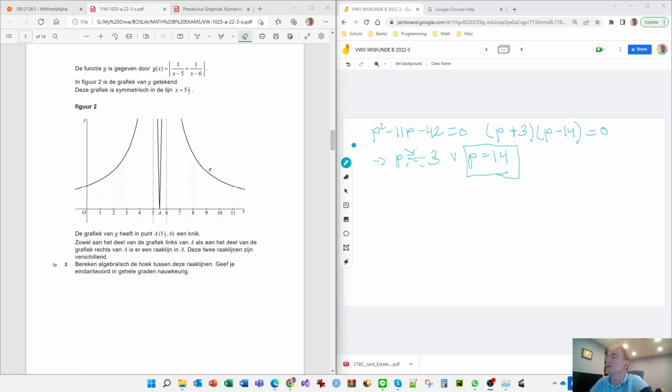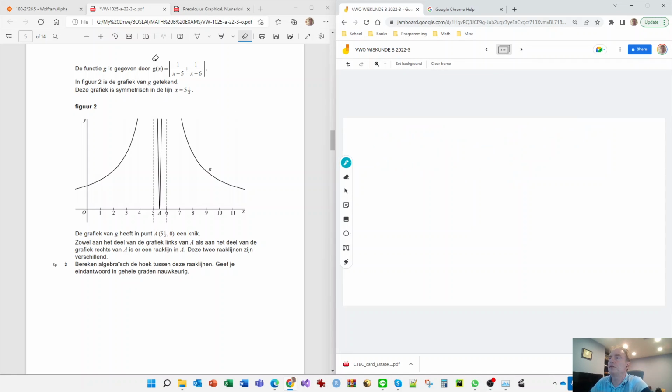Question 3. We have the function g(x), the absolute value of the function f from the previous exercise. This function is symmetric in 5.5, and that is probably because at x equals 5.5, g(x) is 0.